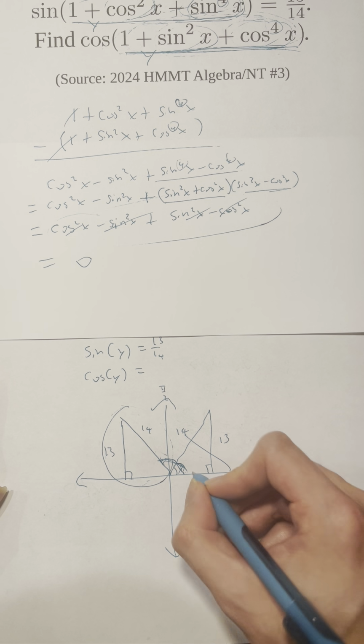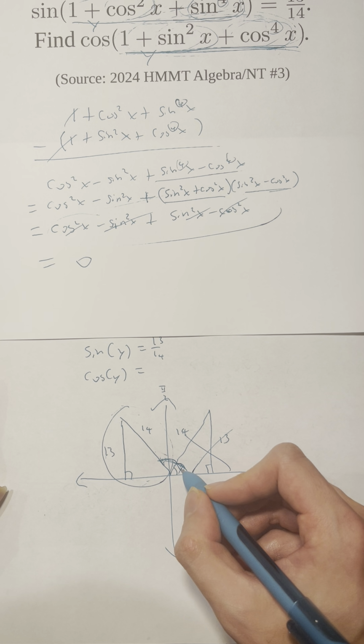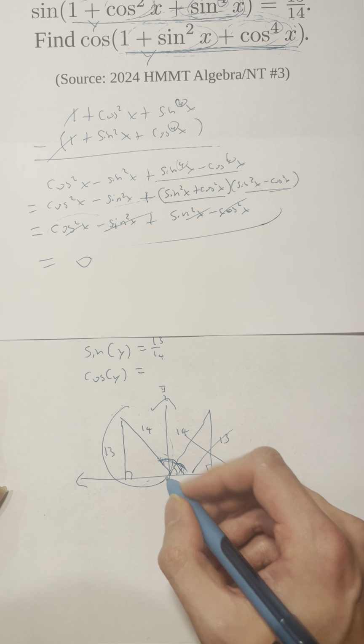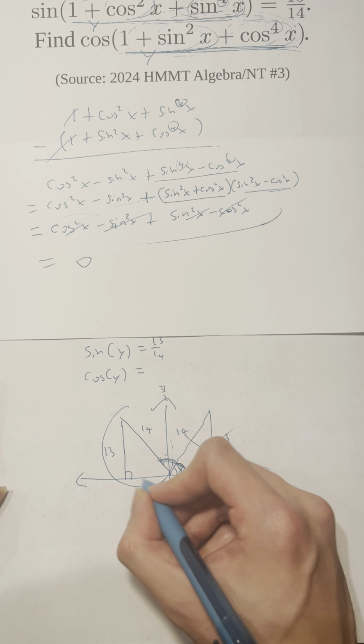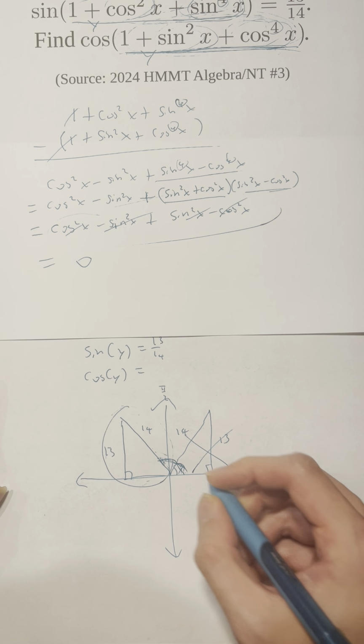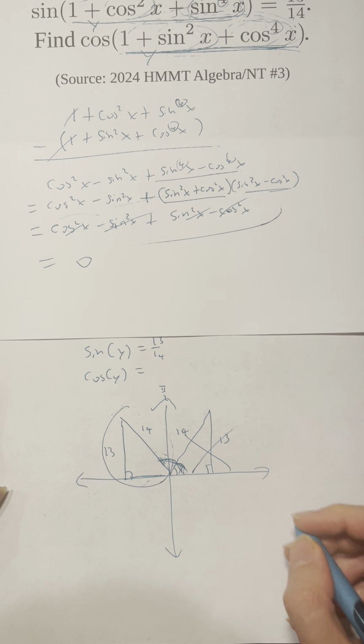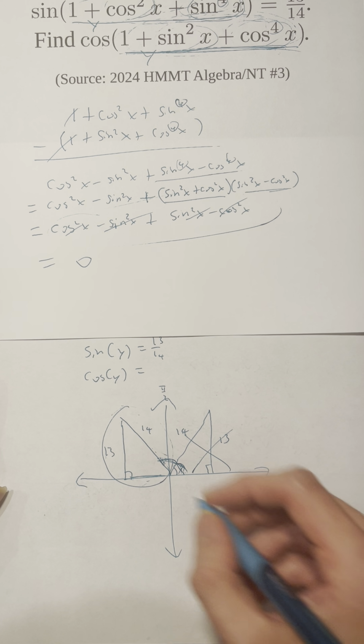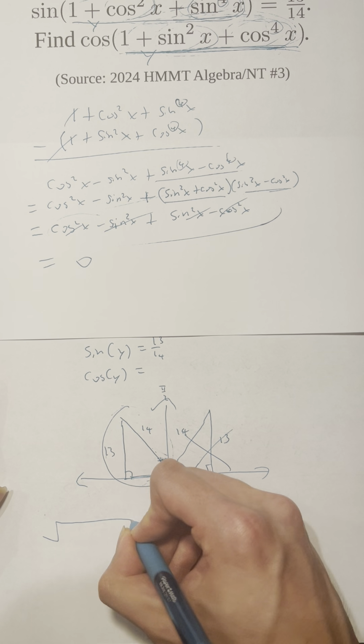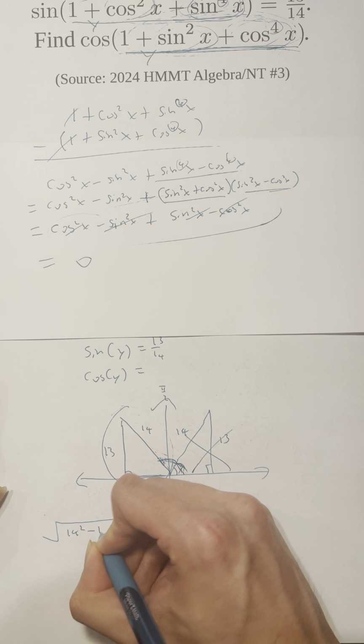Yeah, so this one's not it, so forget about this one. With y, cosine is going to be this over this. And how do we find this? By the Pythagorean theorem. So it's going to be the square root of 14 squared minus 13 squared.